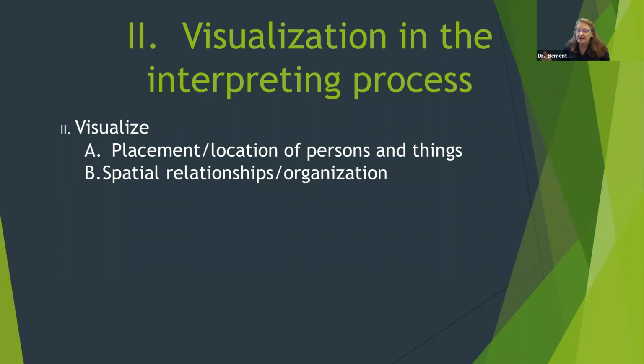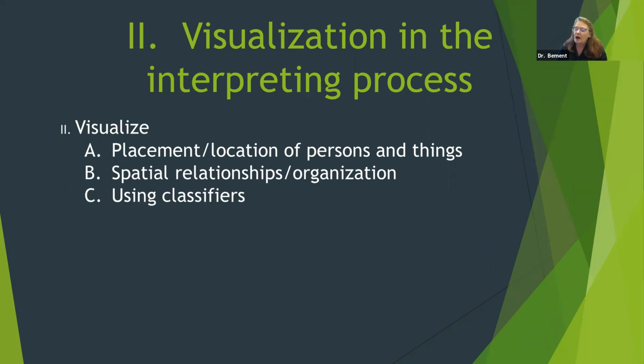How are these things related? Are we talking about objects, the setting in your picture? Do you have to set things up? Do you have to have things in different areas? Are you going to use indexing? Are you going to use body shift?